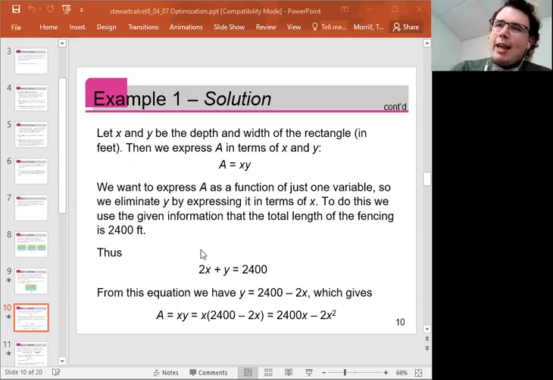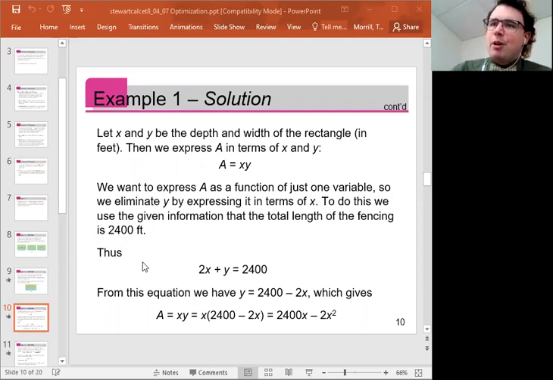Now, what I can do with my constraint is, because 2x plus y must equal 2,400, well, that's just an equation. That's an equation with two variables.